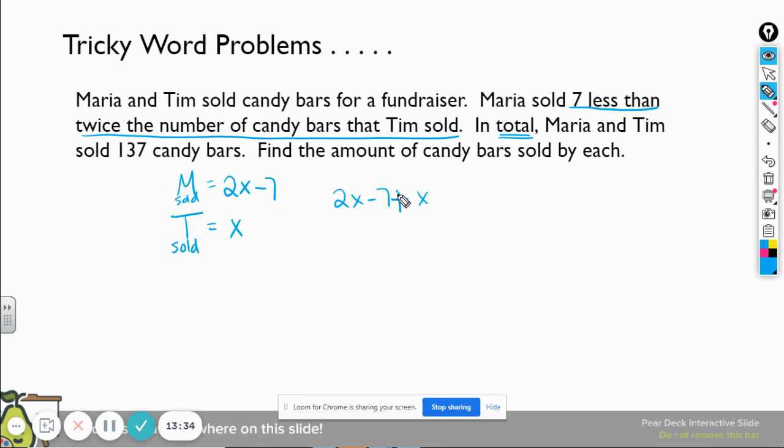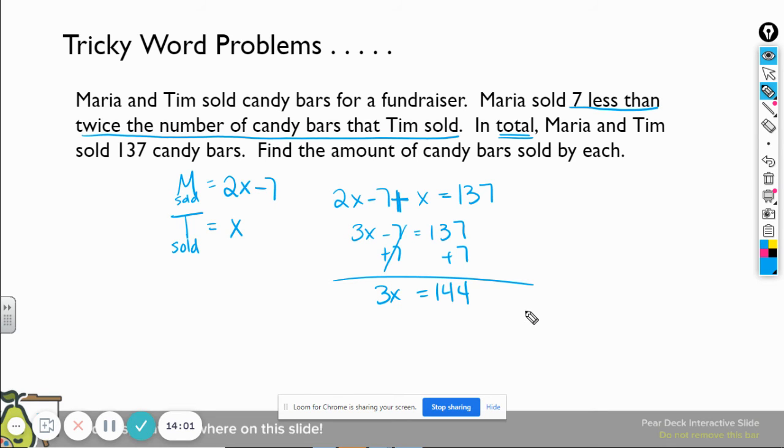And what does it total? 137. Solve for X. 2X and another X is 3X. Plus 7, plus 7.